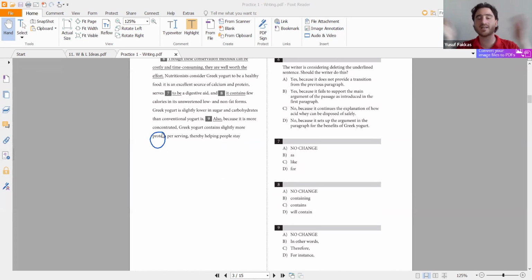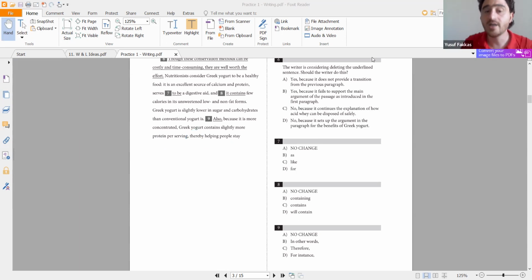So this is a cause-effect relationship. What's happening? The Greek yogurt is more concentrated than the usual or conventional yogurt. What is the result? Because it's more concentrated, it contains more protein. Thereby, which means as a result, helping people stay what?